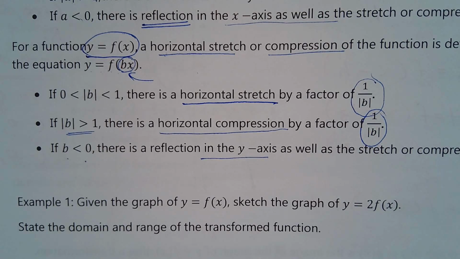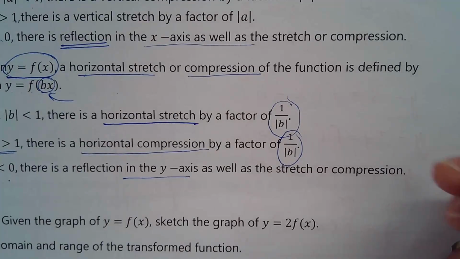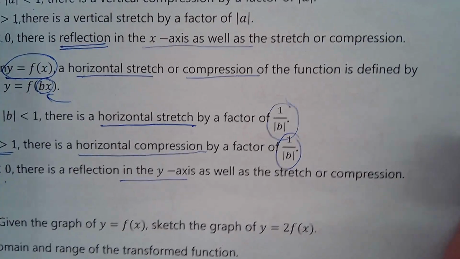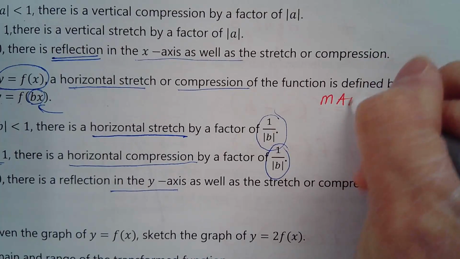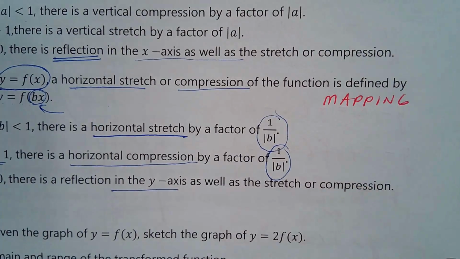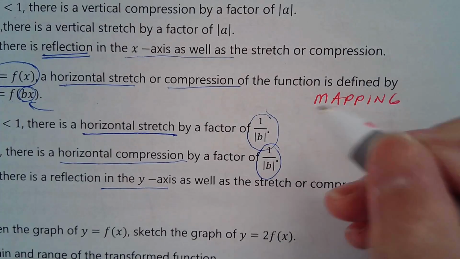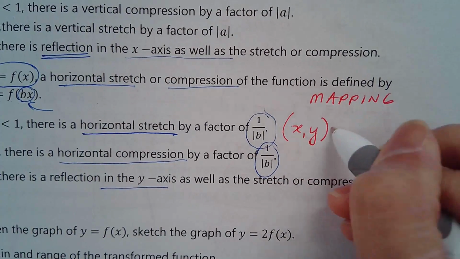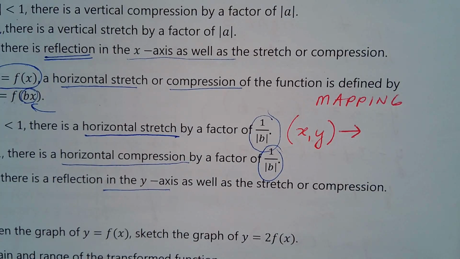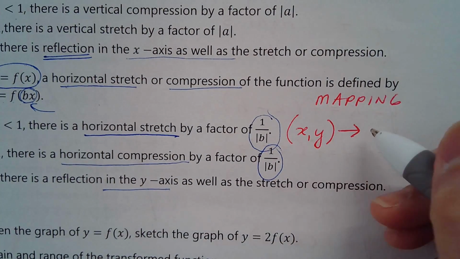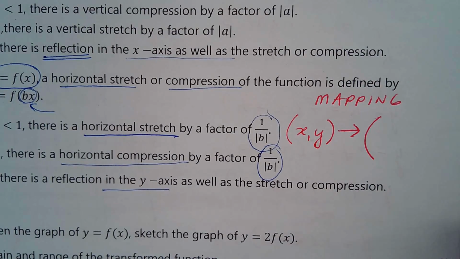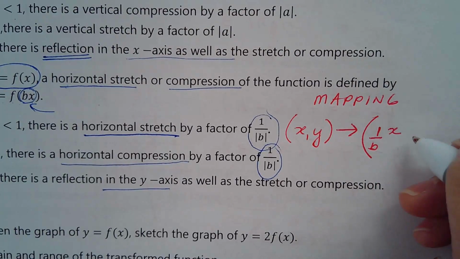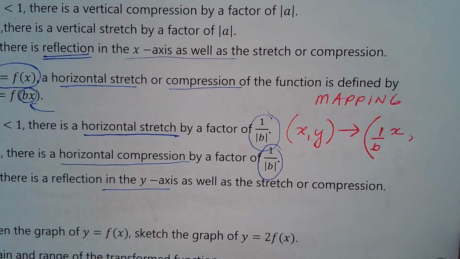Okay, so here, in terms of mapping, because we've been using mapping, this is what the mapping looks like. It starts with the x and the y, and it's going to be 1 over b times x, comma.